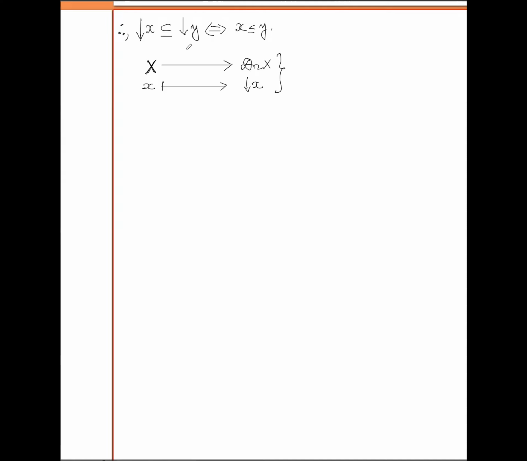So shall I write it like this? So as if I'm filling in the blank.